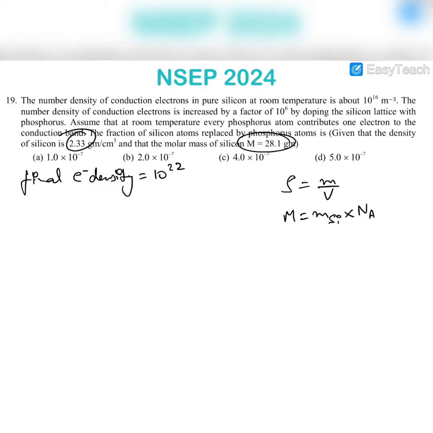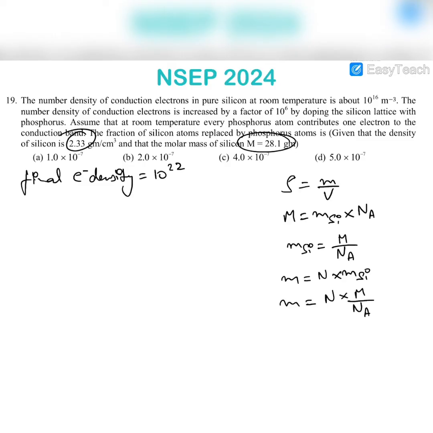Okay, so we can say that mass of a silicon atom will be m upon Avogadro number, and total mass of silicon crystal, small m, will be n into mass of one atom. So it would be equal to n, where n is the number of silicon atoms present in the crystal, into mass of one atom, which is M by Na.